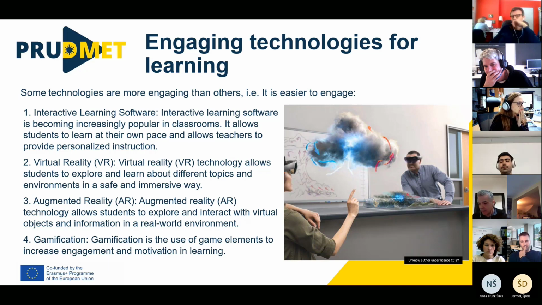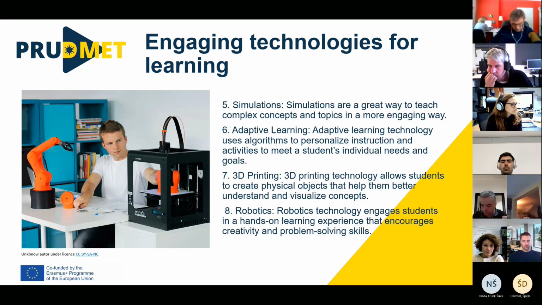But these materials can be used, for example, in science or in other kinds of fields. And some technology that can be engaging and create this authentic and engaging learning can be, for example, interactive learning software, virtual reality, augmented reality, gamification, robotics, simulations, and so on.